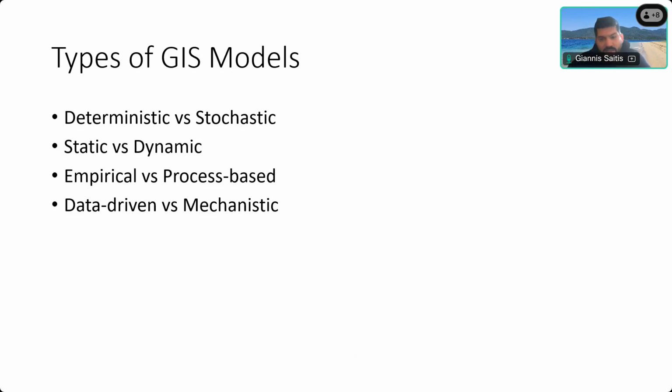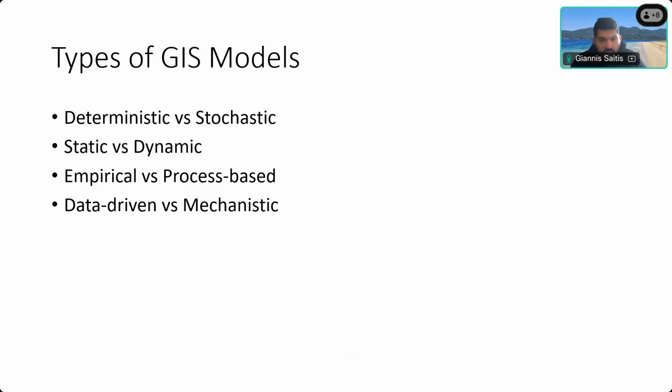So the opposite is the process-based models. Here we don't make assumptions, we don't select the relationships, but we have natural laws.